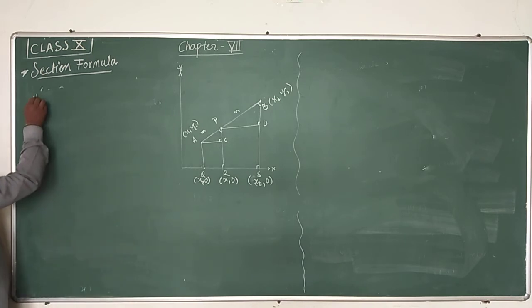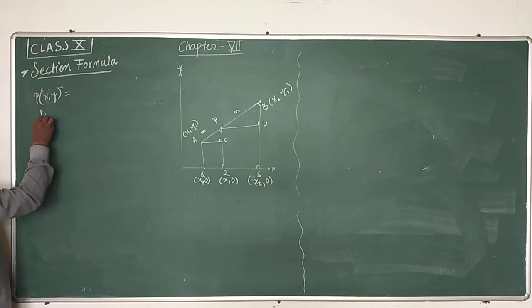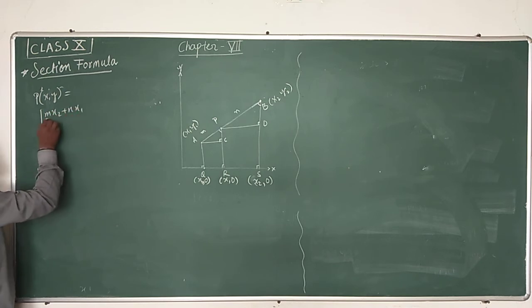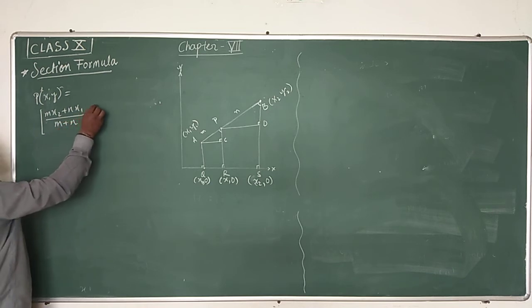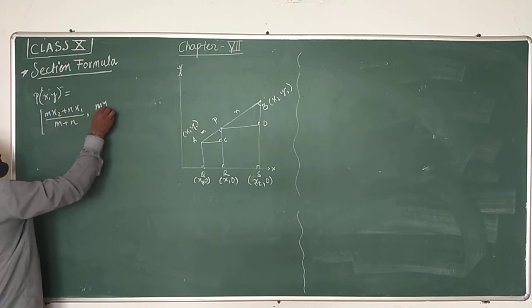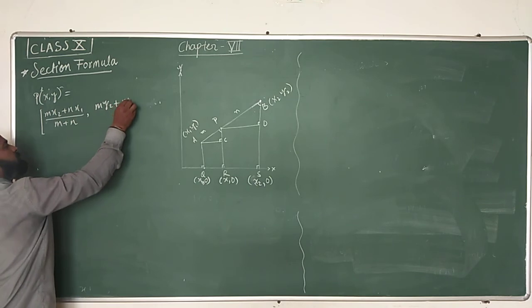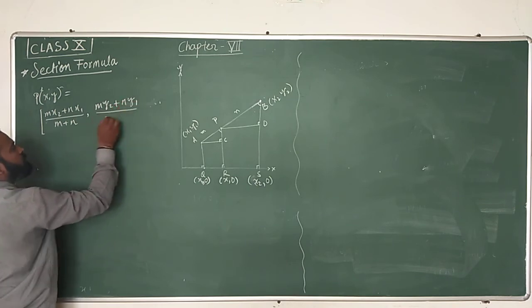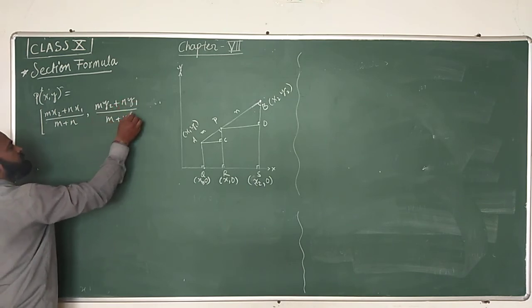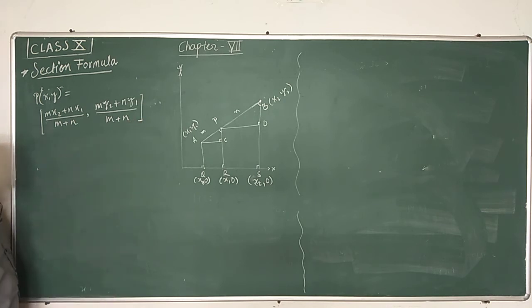What formula have we written? P(x, y) is equal to (mx2 plus nx1) upon (m plus n), comma, (my2 plus ny1) upon (m plus n). This formula we have, right?